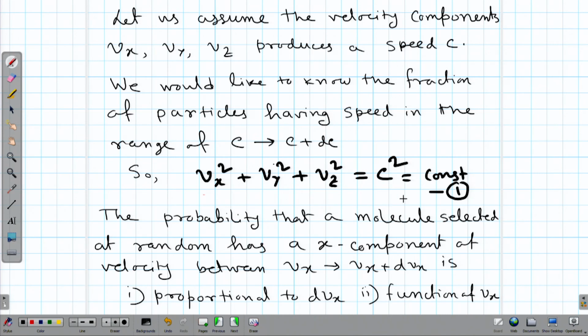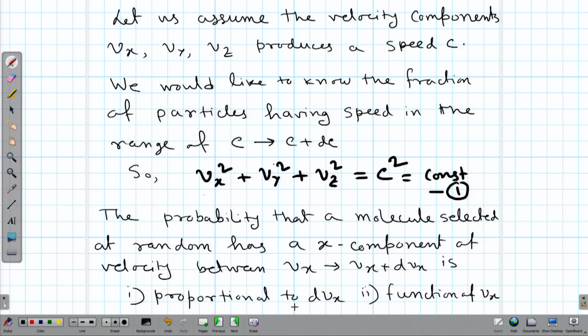So, we have one constraint equation, and the probability that a molecule selected at random has an x component of velocity between Vx and Vx plus dVx is proportional to dVx and a function of Vx. Why proportional to dVx?